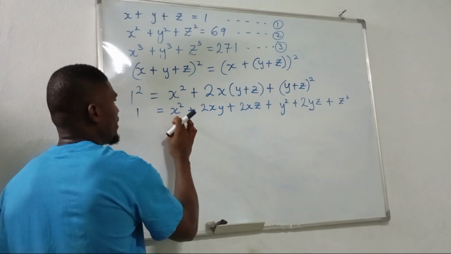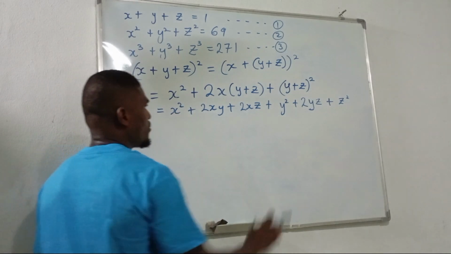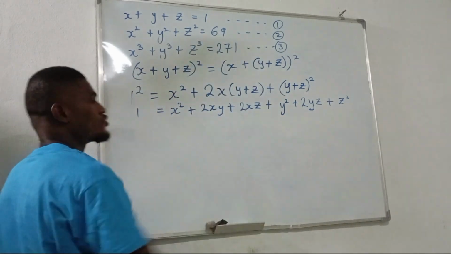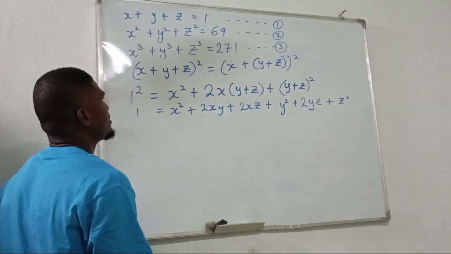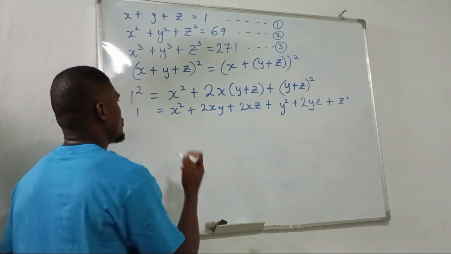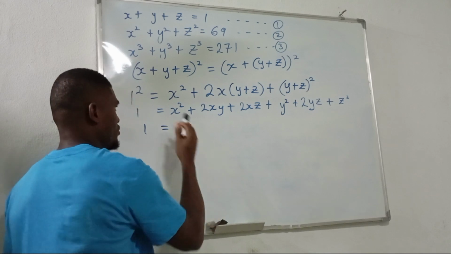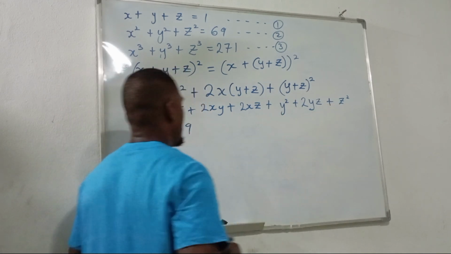Now we've found that we have x squared, we have y squared, and we have z squared, and that's our equation 2. And equation 2 says that that is equal to 69. So we can say that 1 here, and we have 69, which is as a result of this, this, and this. So we can write the remaining.